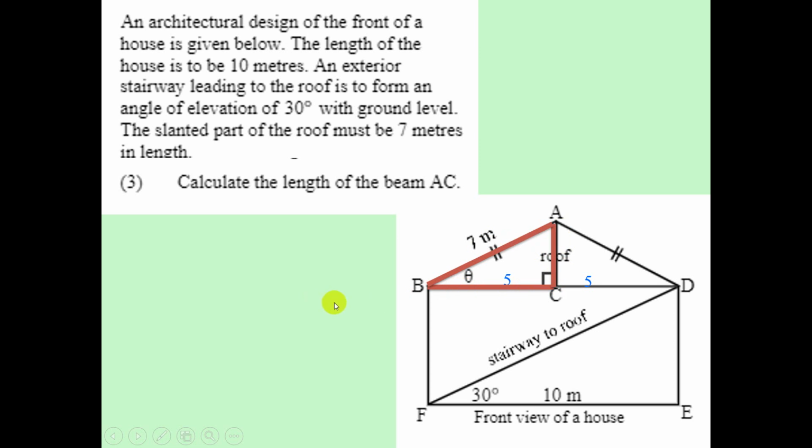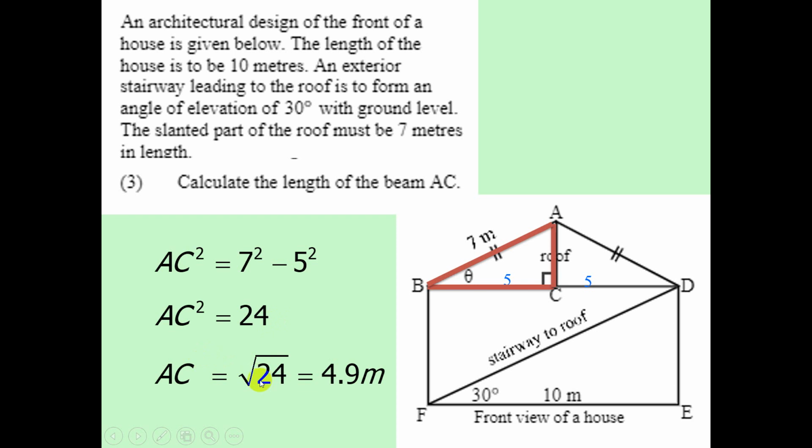So I'm going to quickly use Pythagoras, considering the fact that it's a right angle triangle. So AC squared is equal to the hypotenuse squared, which is 7 squared, subtract 5 squared, and 49 minus 25 is 24. And then we're going to find AC, which is the square root of 24, which is 4.9 meters. I'm rounding off to 1 decimal place. Remember, you need a reason for saying AC squared is equal to 7 squared minus 5 squared. Our reason will be Pythagoras.